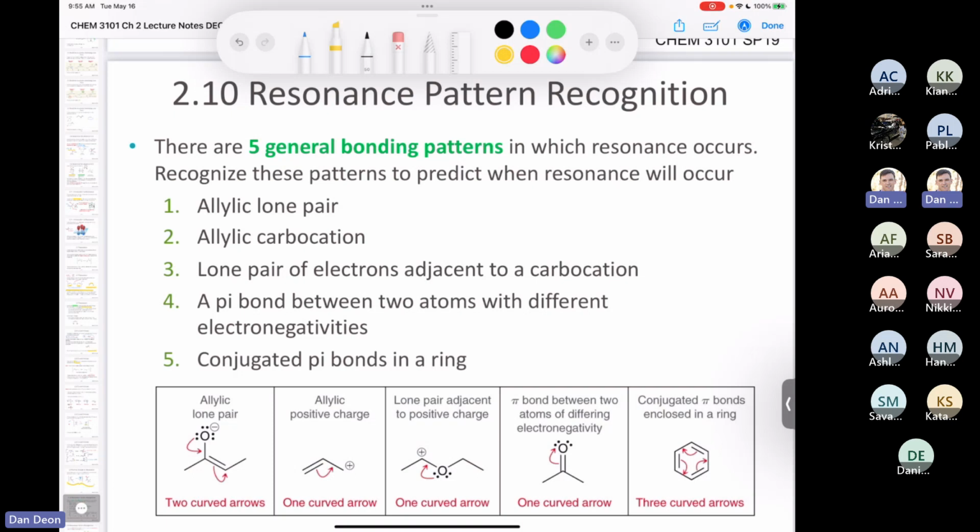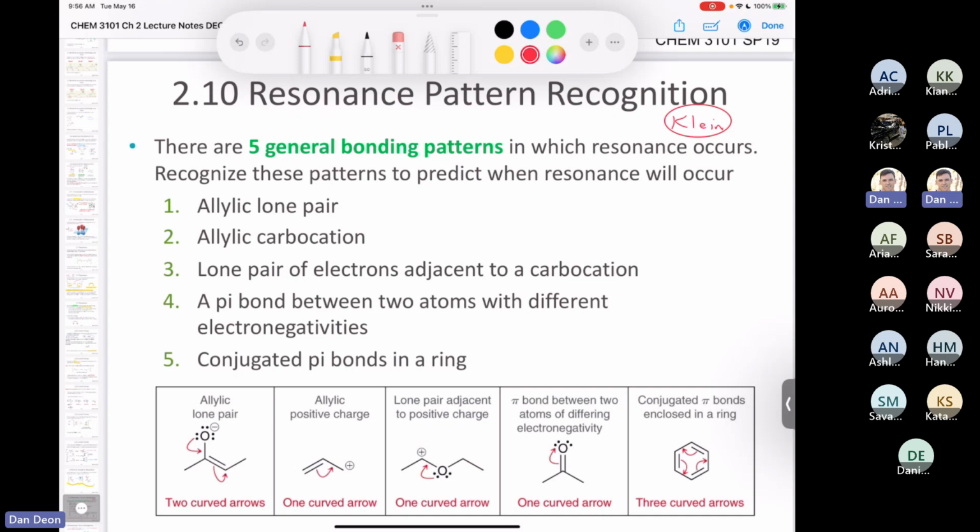Now, this is put forth by the author of our textbook, David Klein. Klein is the most popular organic chemistry textbook in all of America, so I tend to think that David Klein knows what he's talking about. He developed, or highlights, these five general bonding patterns that you can use to help you identify resonance structures and when they occur.